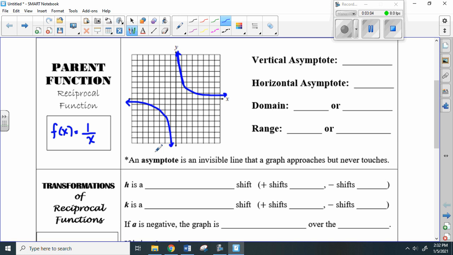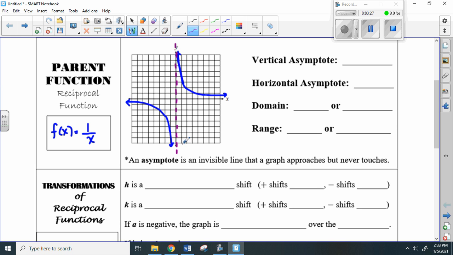Now we just said that they never cross, at least for the parent function, the x and the y axis. So they have these things that we call asymptotes. And when you're drawing the graph by hand, you'll often draw them as little dotted lines.